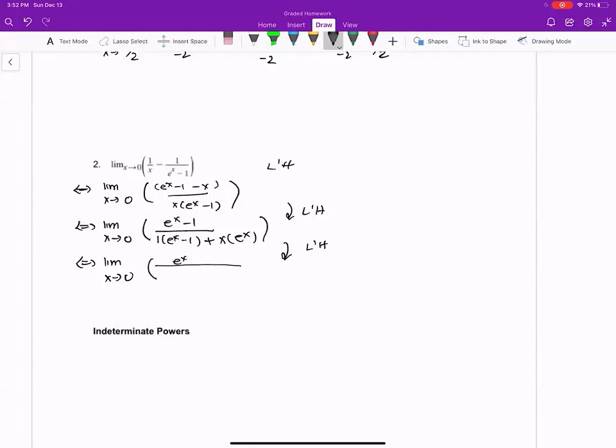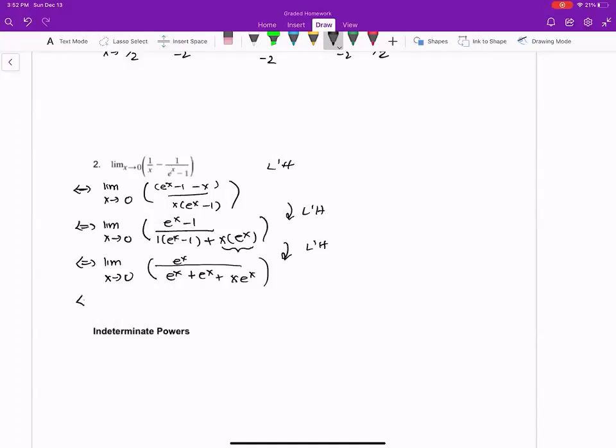Now if you differentiate the bottom, you get e to the x plus e to the x plus x e to the x, where here you're applying product rule once again.